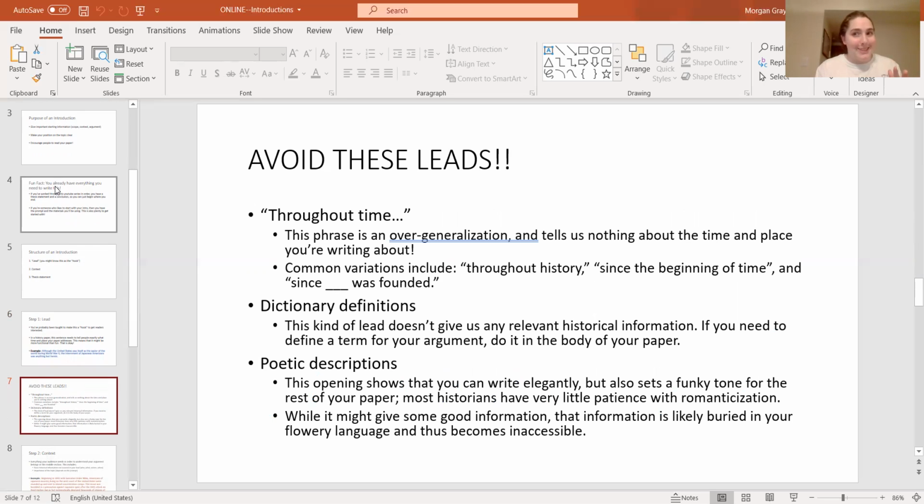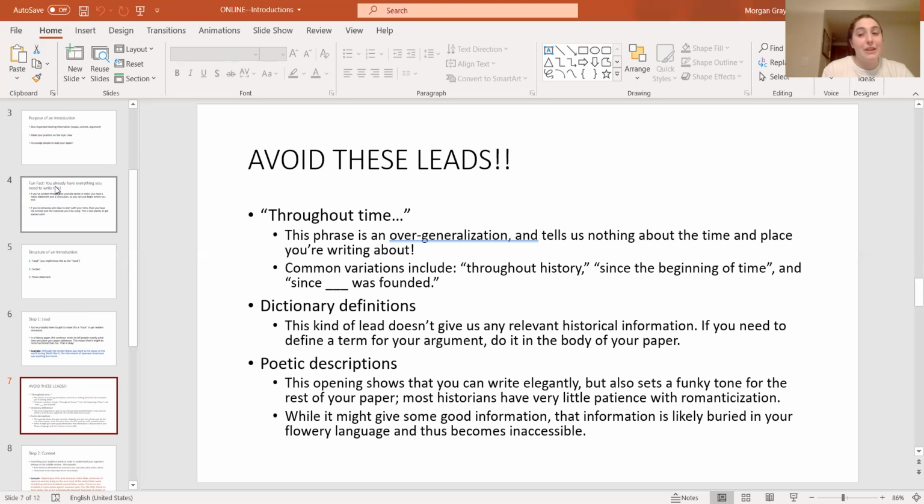Avoid certain things in your lead-ins. My biggest pet peeve, and the pet peeve of every single person I know who grades history papers, is variations on "throughout time." It is probably the most annoying potential way to start your history paper.